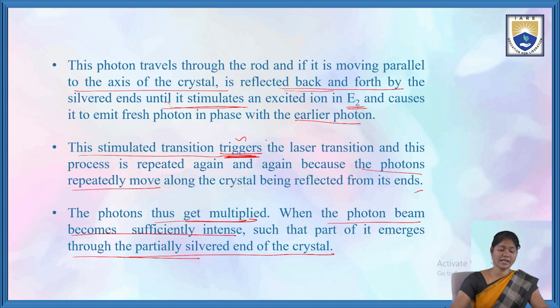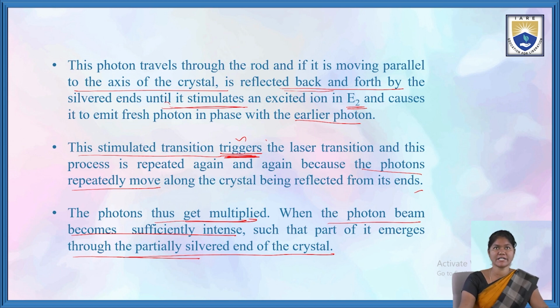In any one case, if the stimulated transition triggers the laser process, the emitted photon moves parallel to the axis of the crystal and gets reflected back and forth by the silvered ends until it stimulates an excited ion in E2 and causes it to emit a fresh photon in phase with the earlier photon.